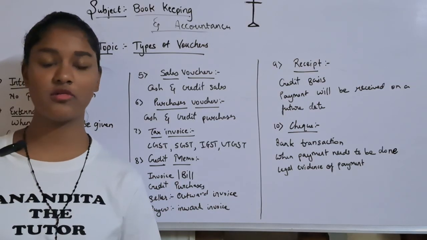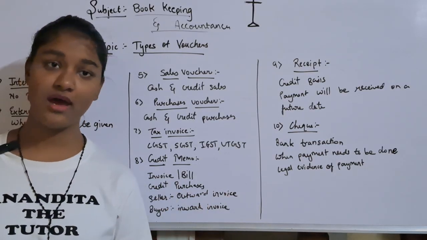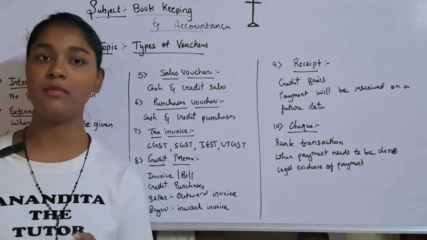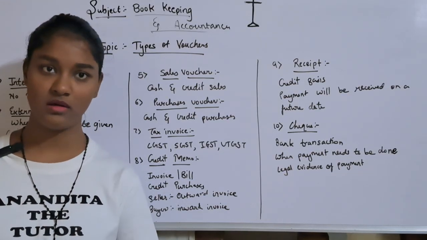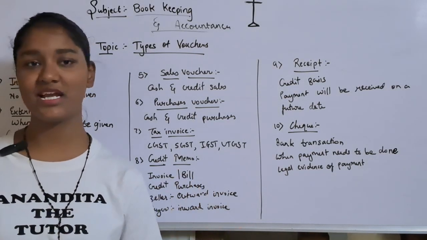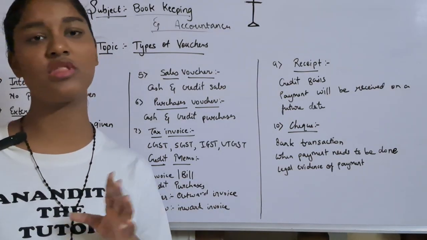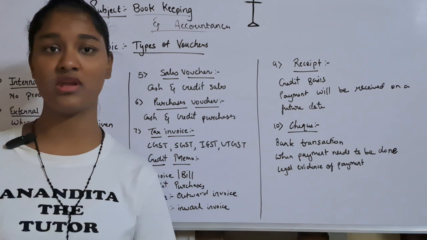For the 10 rupee pen, for the shopkeeper it is a sales voucher, for you it is a purchase voucher. Since you paid 10 rupees immediately, it is called a cash transaction. So that same voucher will be called a cash voucher as well.